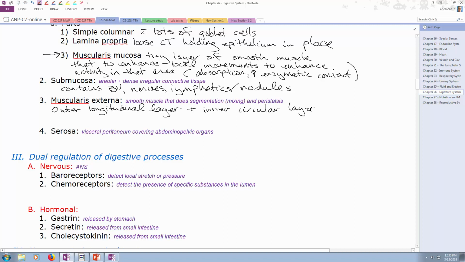There is a nerve plexus. And this is an autonomic nerve plexus that's from the parasympathetic nervous system. And it's called the myenteric. That is going to be the nerve supply for motility.